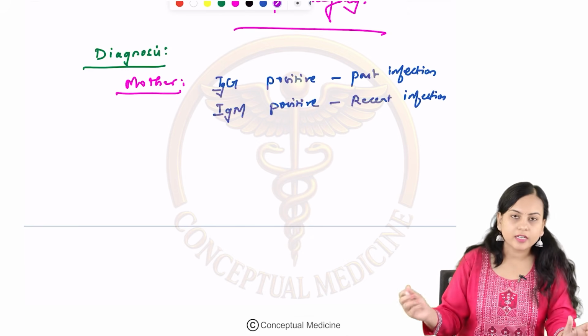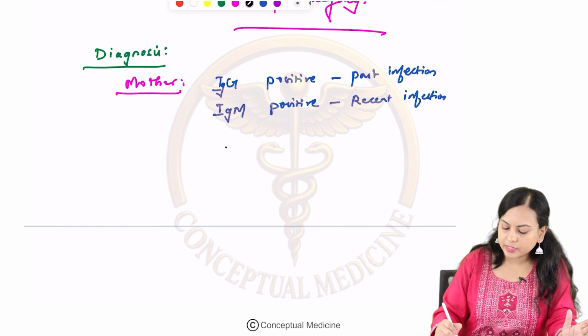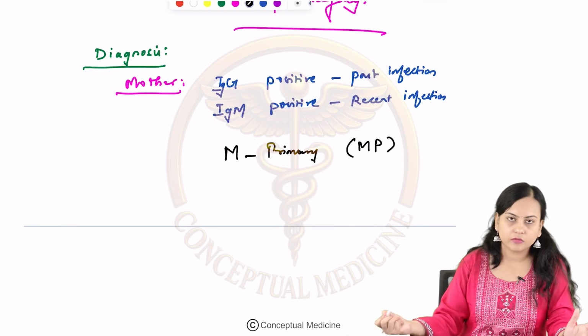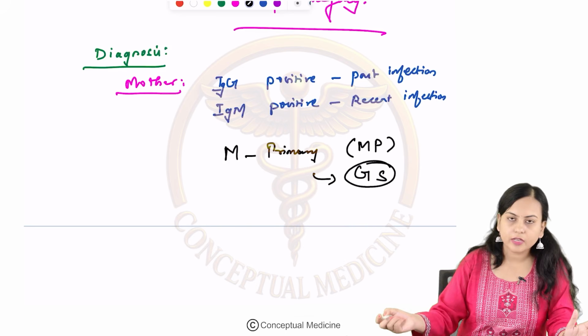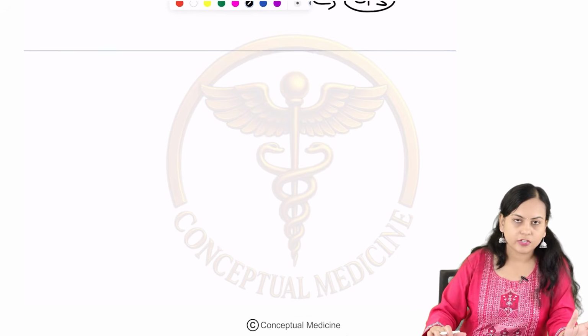So, do not get confused with these antibodies and the kind of infection. How I remember is M is going to be your primary, right? That is MP. So, obviously G will go for the other. IgG is a secondary infection or a past infection, right?